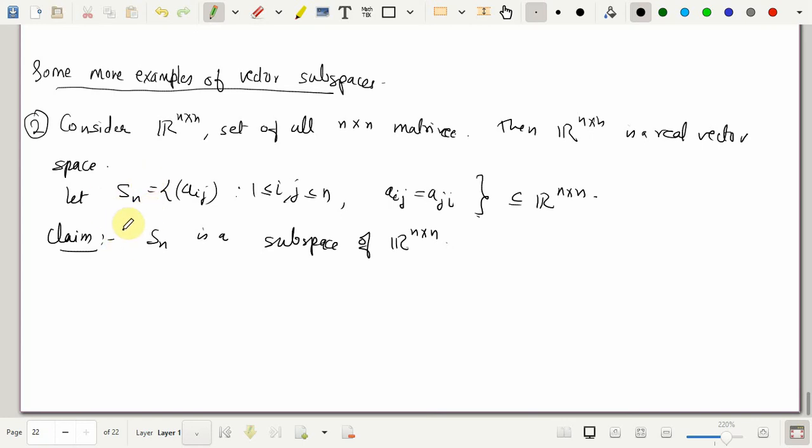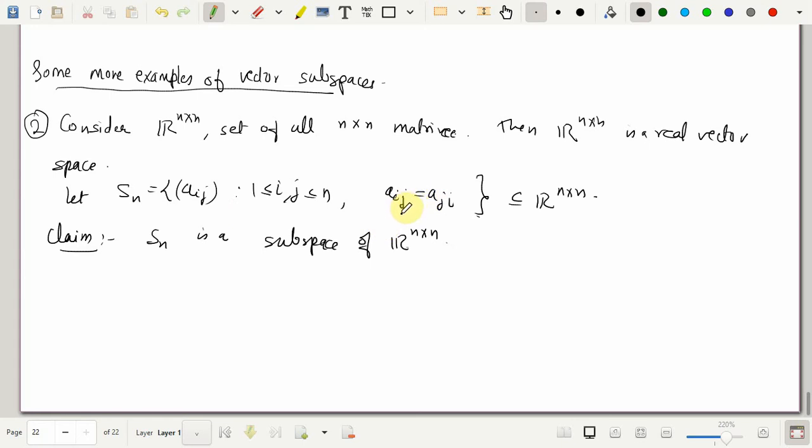So first, how to verify that the zero vector is in Sn? The characteristic of this set is that it contains all n cross n matrices with the property that those matrices are symmetric.